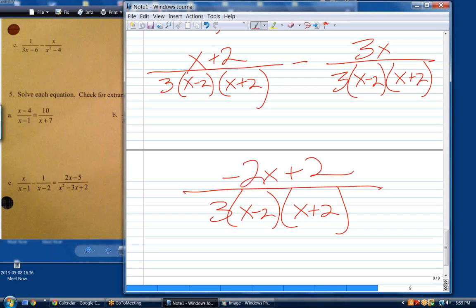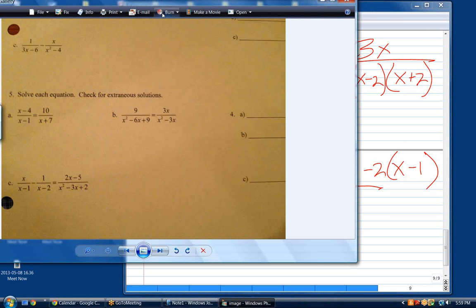You could maybe factor out a negative 2 from the top, not sure that really does any good. I could make the top look like this, but that doesn't really simplify anything. Okay, let's do another one of those. It's pretty much as simple as that.